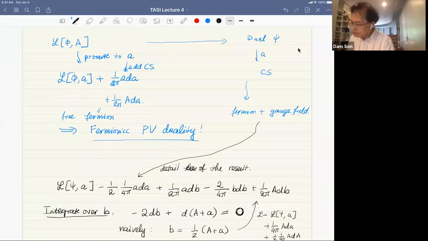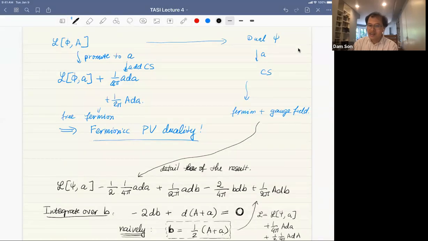Okay, but this is only naive. This naive procedure neglects a certain subtlety with the quantization of the flux of the gauge field. If we have a U(1) gauge field on a compact manifold, its flux is quantized to integers. So if the total flux of capital A and small a here sum to something that is odd, then this B saddle point doesn't exist.